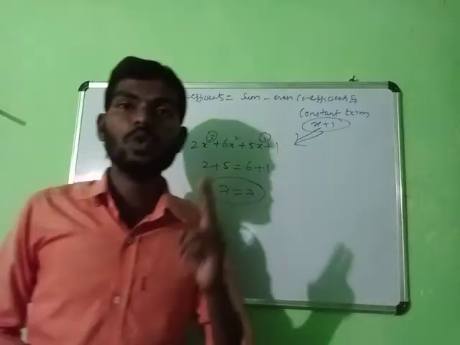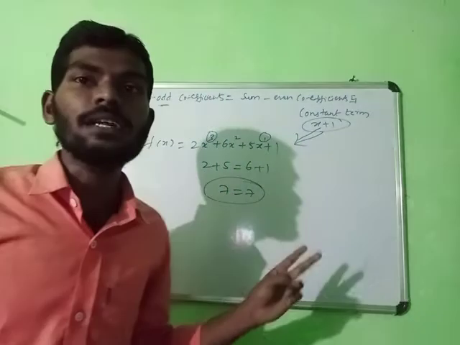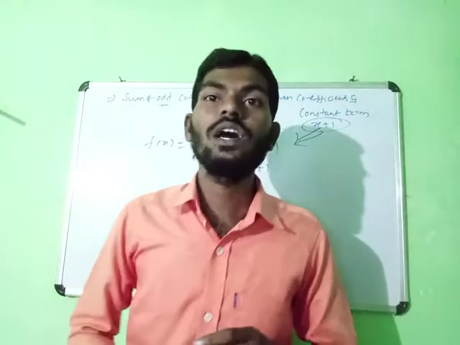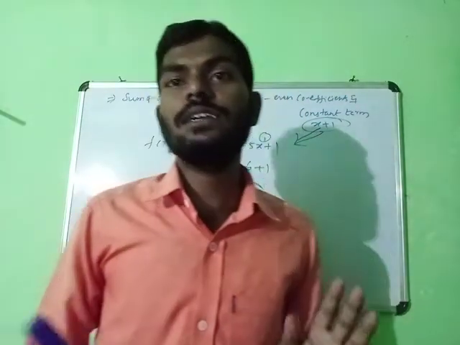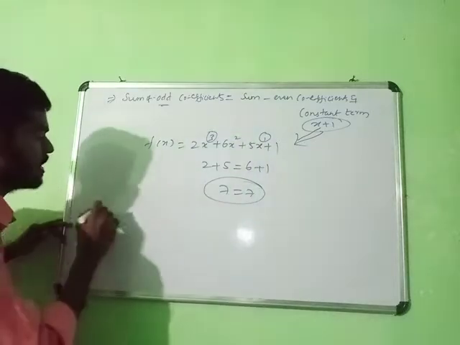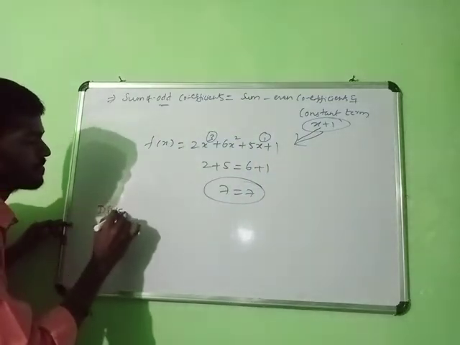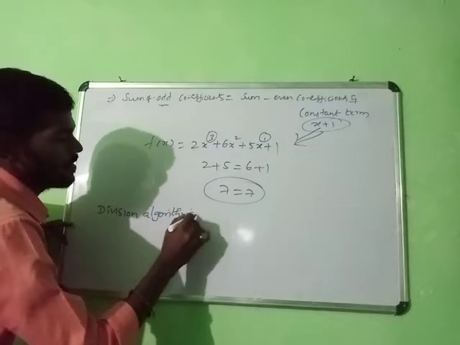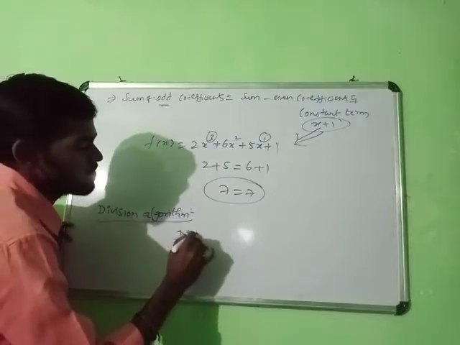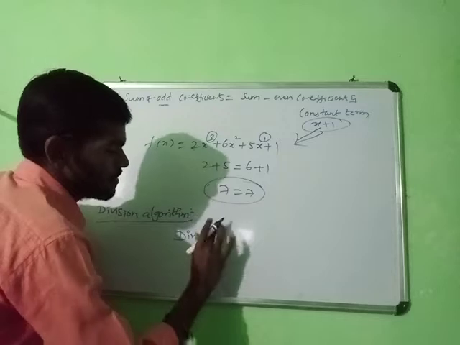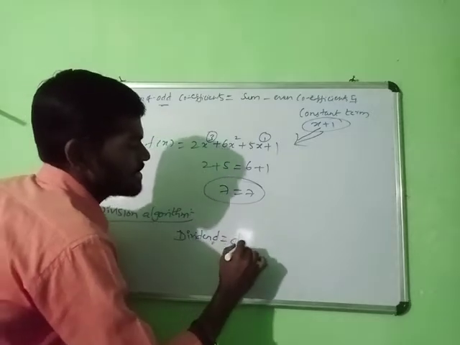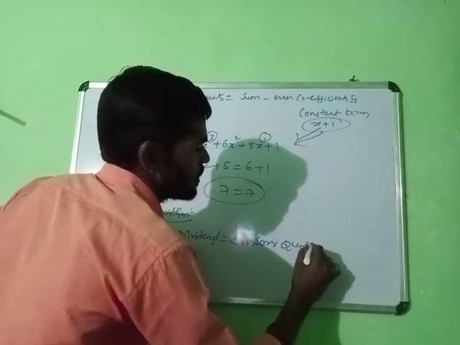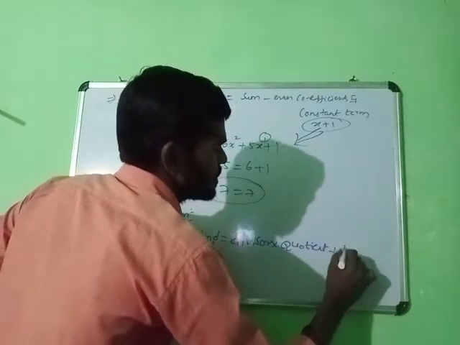These are the two most important concepts. These are most important in the division method. What is the division algorithm? Dividend is equal to divisor into quotient plus remainder.